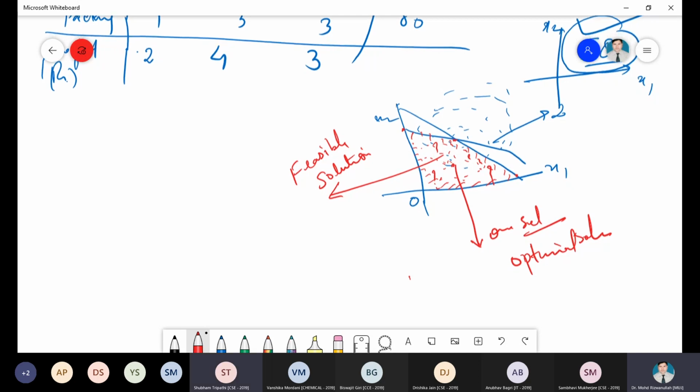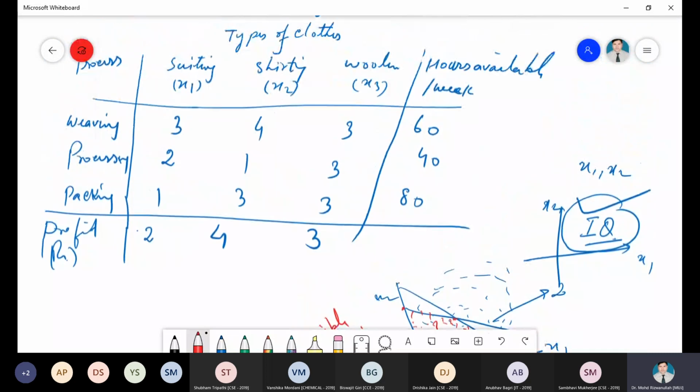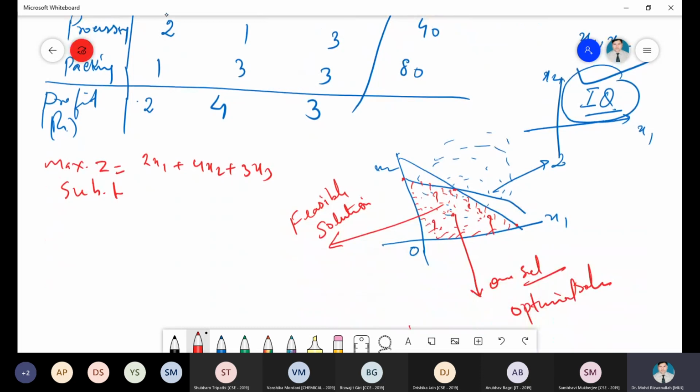So this is your optimum solution, and we can write it. The problem is: maximize z = 2x1 + 4x2 + 3x3, subject to constraints.